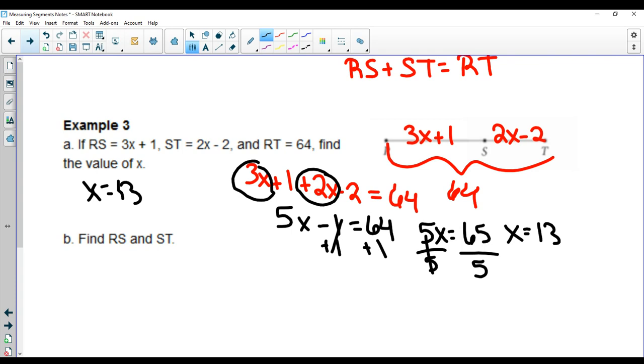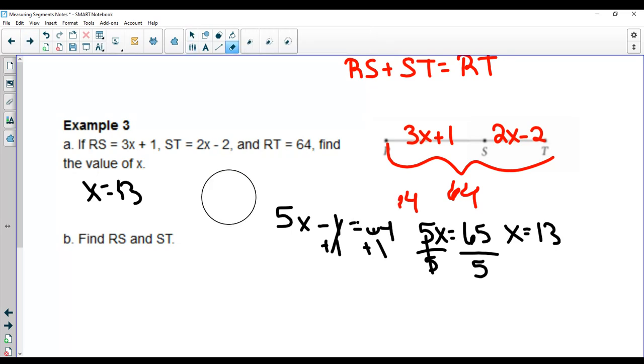Anyway, now that's just finding the variable. Note what part B asks us to do. It wants RS and ST. Well, note that both of those have the variable in them, so we're going to take what we got and plug it in. Alright, let me get rid of all this first.